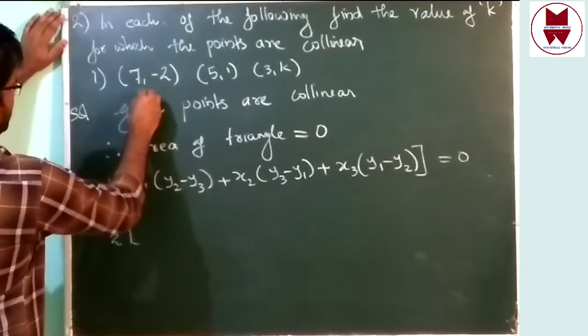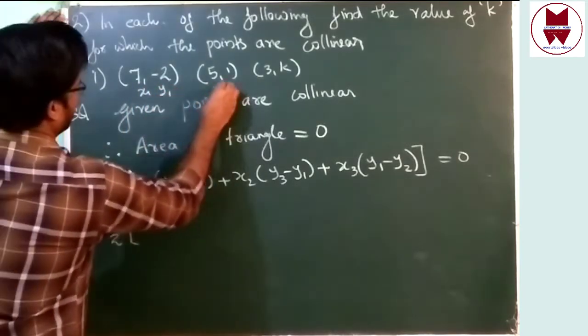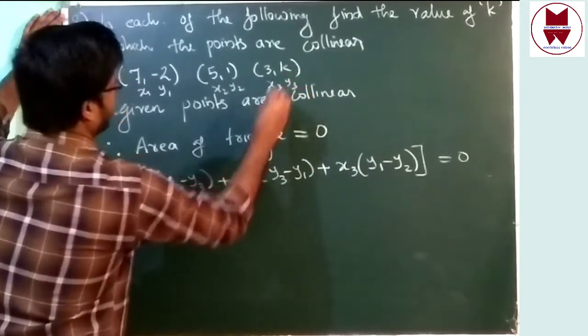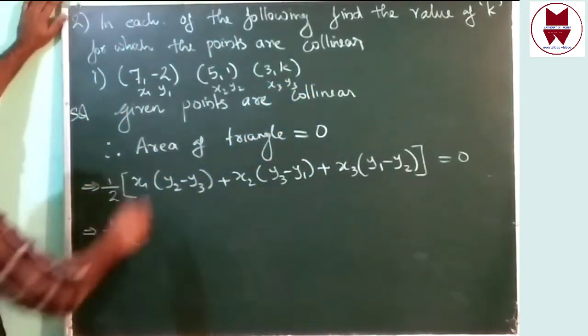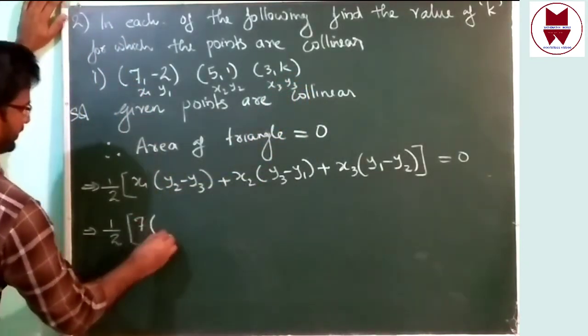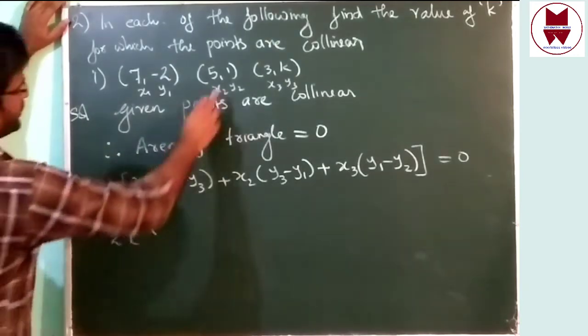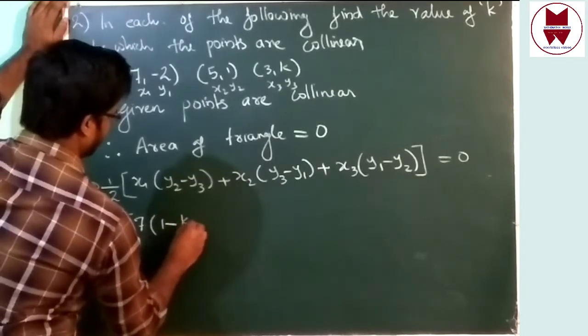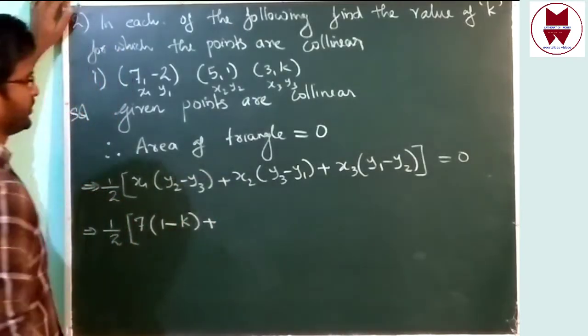Given points: x1 y1, x2 y2, next point x3 y3. x1 is 7, y2 minus y3, y2 is 1, minus y3 is k, plus x2, what is x2?